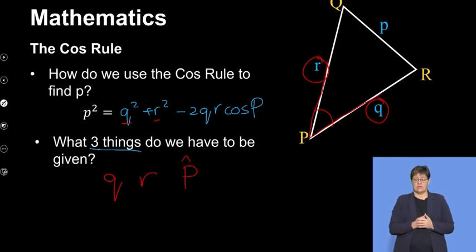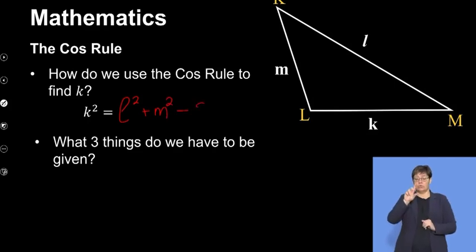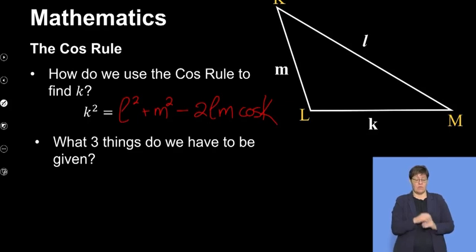Okay, last one. Let's try this one. If we want to use cos rule in this triangle, and the triangle is KLM, what do we need? K squared will equal L squared plus M squared minus 2LM. And because we started off with K, we have to end with the angle K. So what three things do we need?